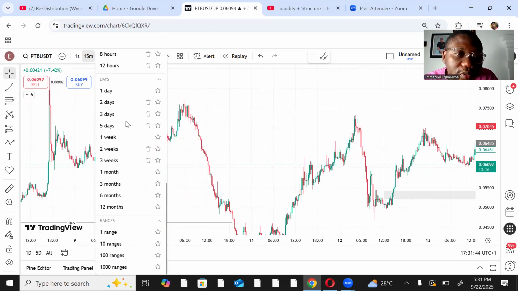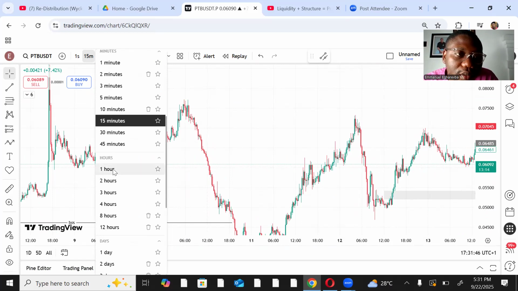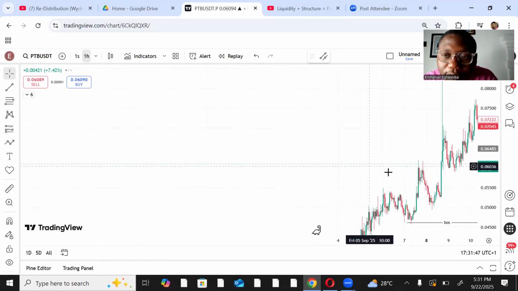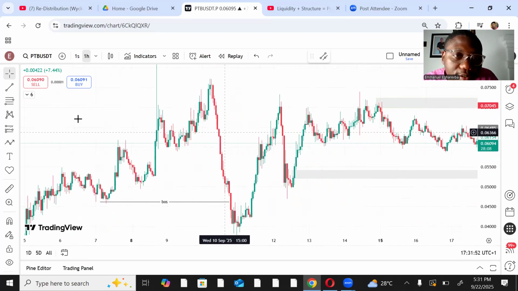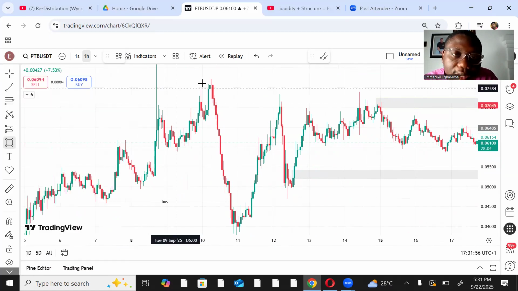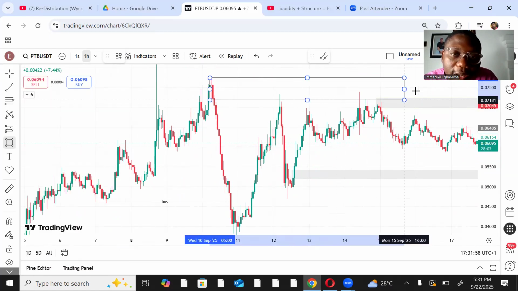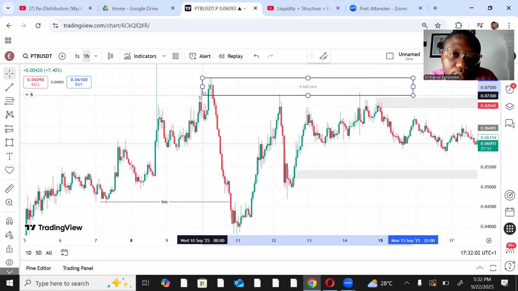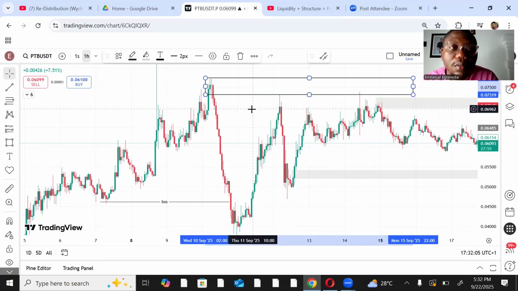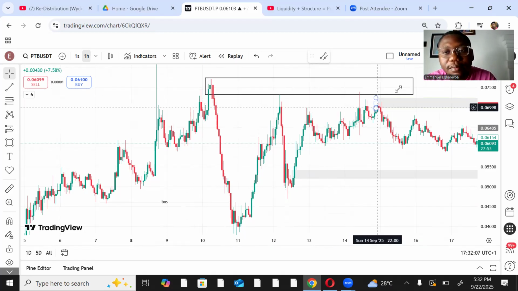I should put this on 1 hour time frame. You're probably going to see where the fair value gaps are. You see? So we're coming here to fill a supply or a fair value gap, whatever you want to call it. There's a supply here. Okay, we're coming back to fill that supply.